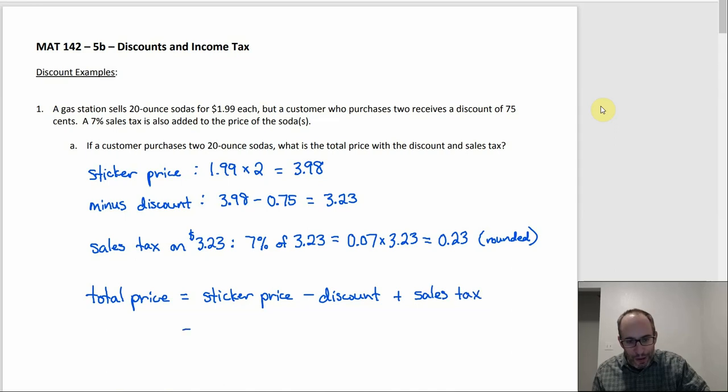Okay, well then we know what these things are. The sticker price is $3.98. The discount, we already know what that was. It was 0.75. So this first subtraction, we already know this is $3.23, right? And then we're going to add in 0.23, so 23 cents for the sales tax. So then you can say, well, this is 3.23 plus 0.23, which is 3.46.